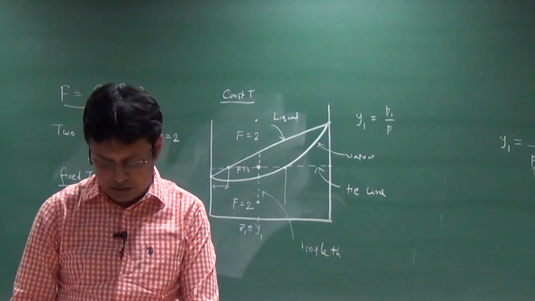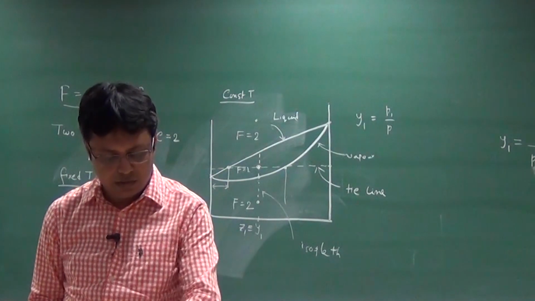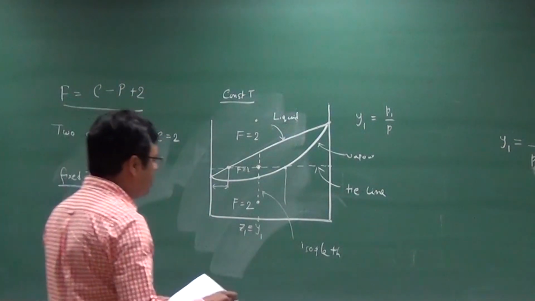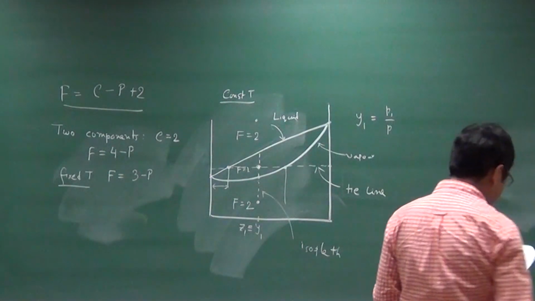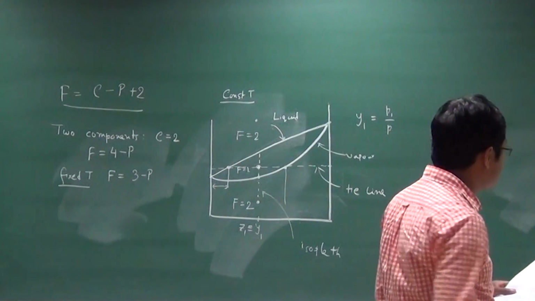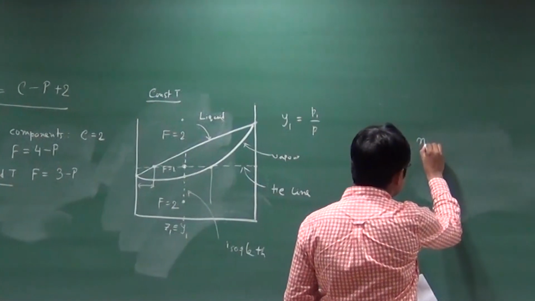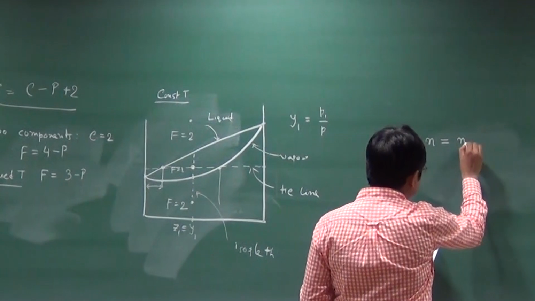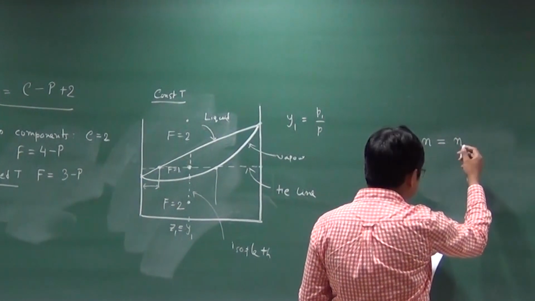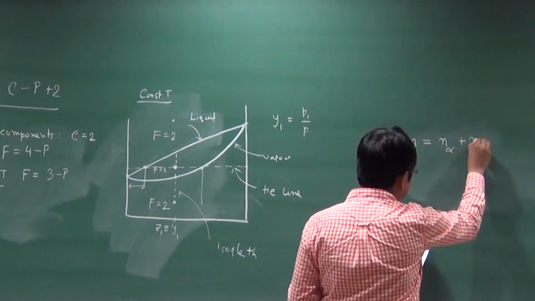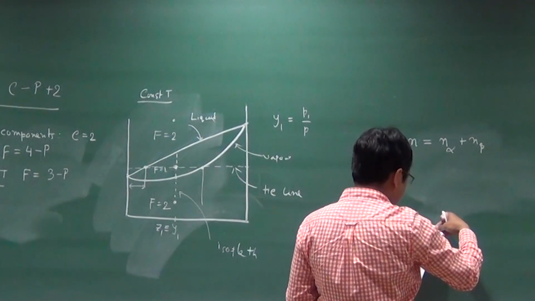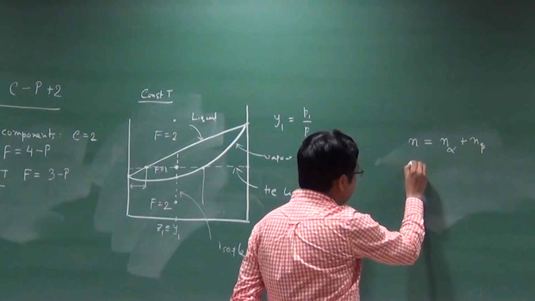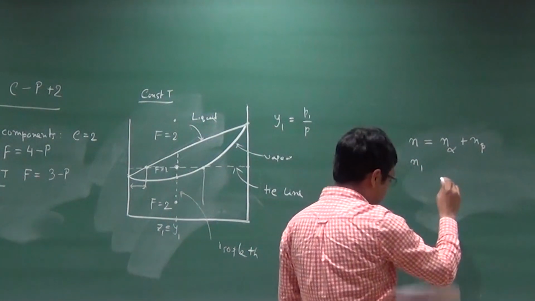Let me quickly show you how the lever rule works. It's just a two-line proof. Suppose the total number of moles in the alpha and beta phases is N, and the overall amount of component 1 is N1.